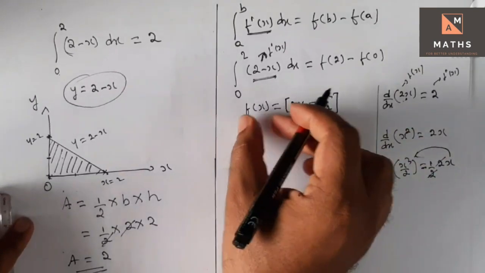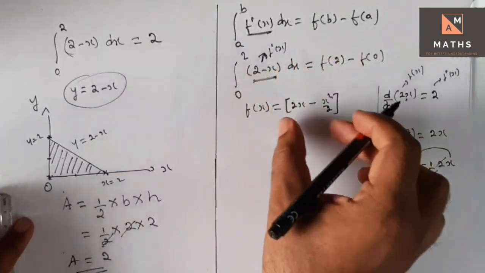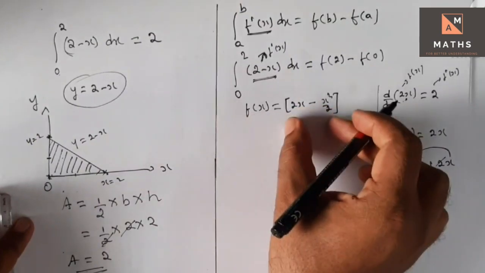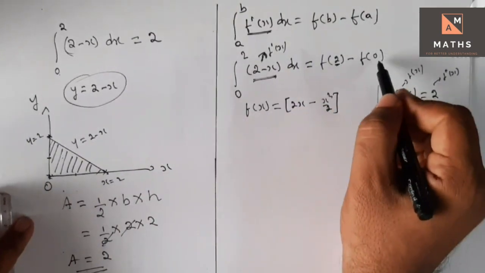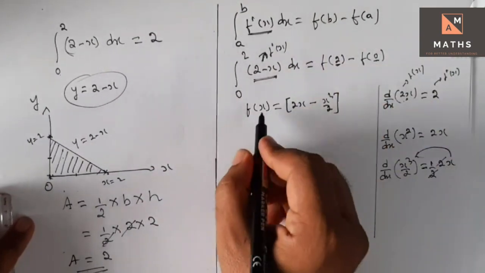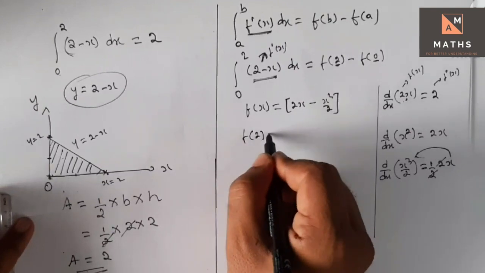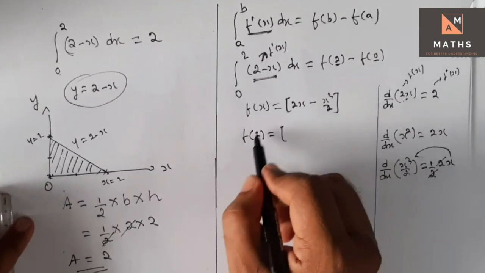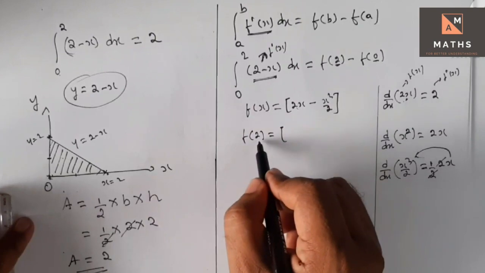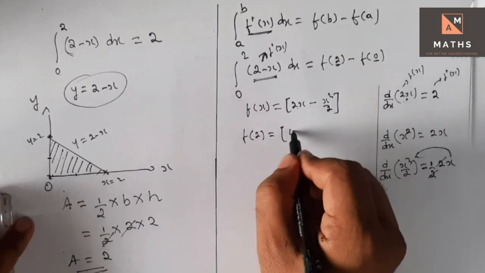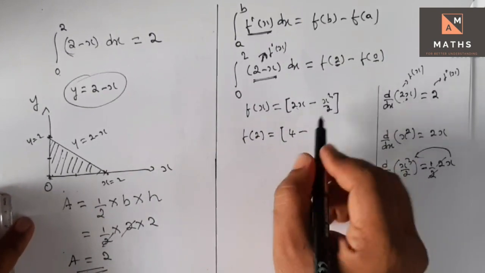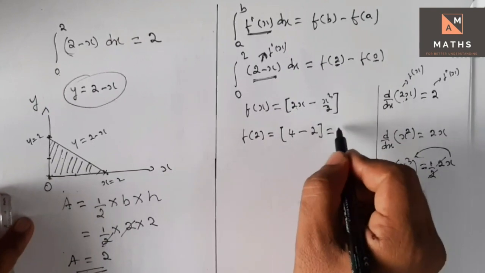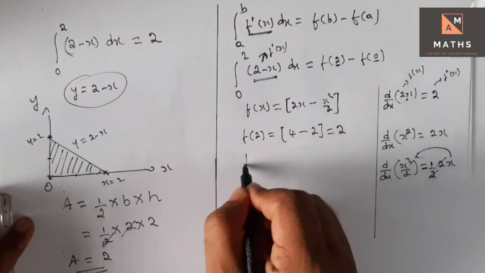Now f dash of x is given here, we got f of x. In this f of x, replace x by 2 and x by 0 and subtract. So find the f of 2 value: in place of x you replace 2. So 2 into 2 is 4, minus 2 square by 2, that is 4 by 2 which is 2. So f of 2 value you will get 2. Similarly you find f of 0.